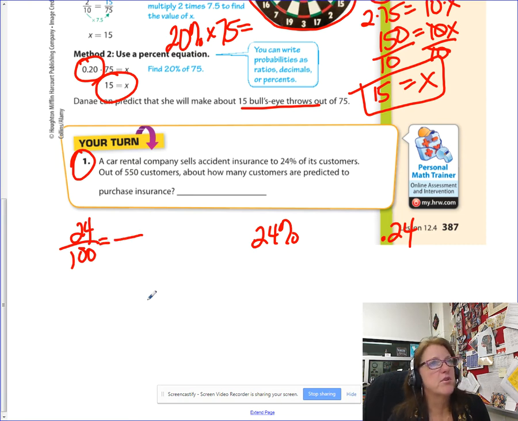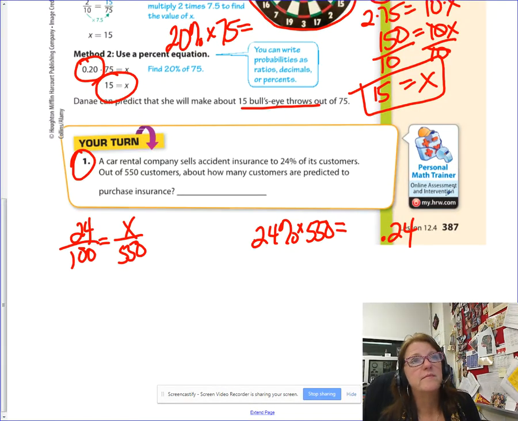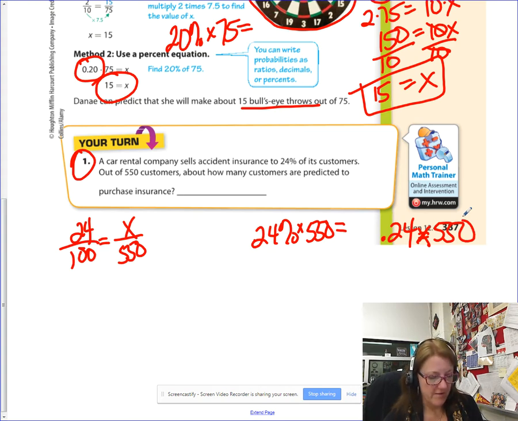If you like the proportion way, you'd say 24 out of 100 equals how many out of 550? Solve it from there. If you like the percent way, you'd say take 24% times 550 and solve from there. Or if you'd rather just bypass that whole percent key business and take 24 hundredths times 550 directly, you can do it that way.